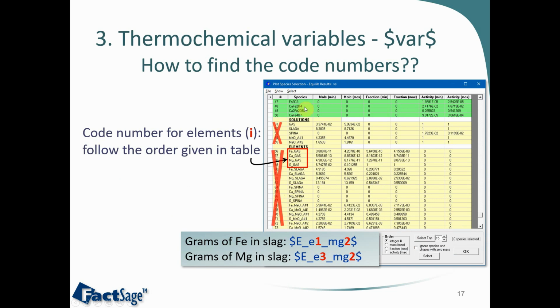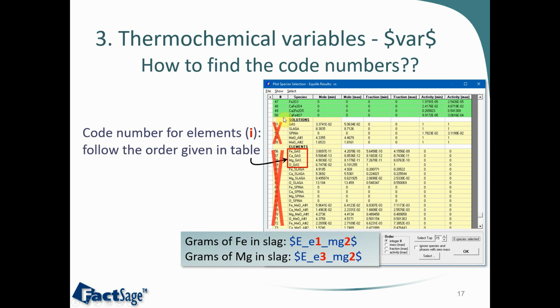So for the elements, we go down the tables, and then we have to count the order in the table. So starting from 1. So iron is 1, calcium is 2, magnesium is 3, and oxygen is 4.